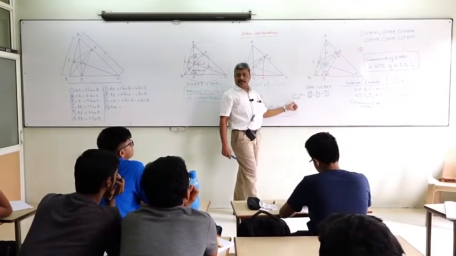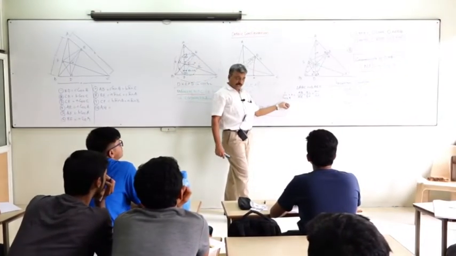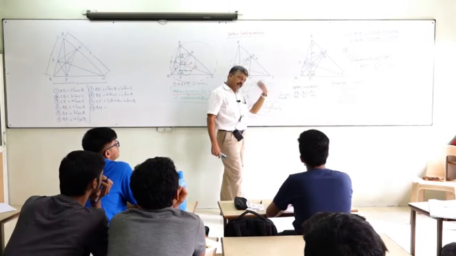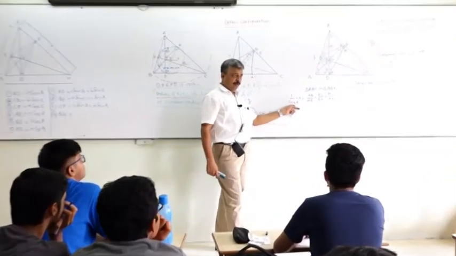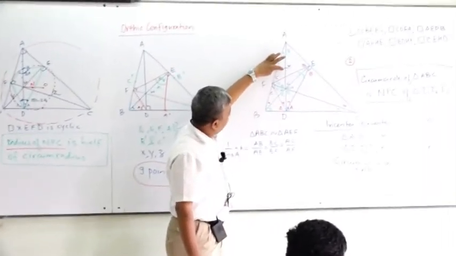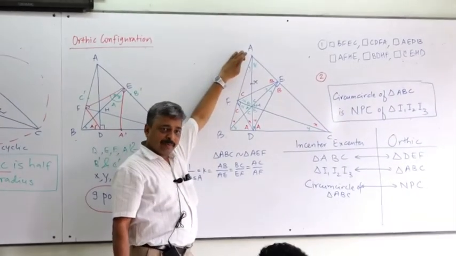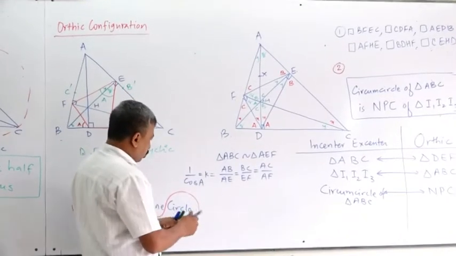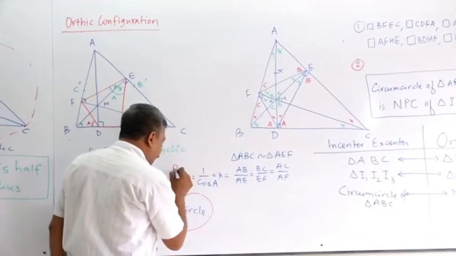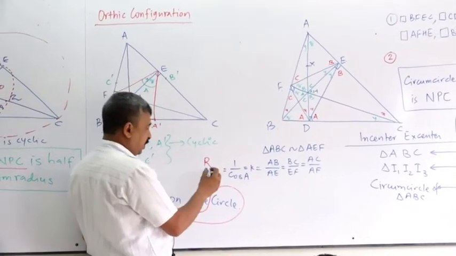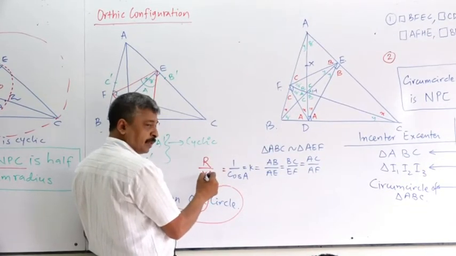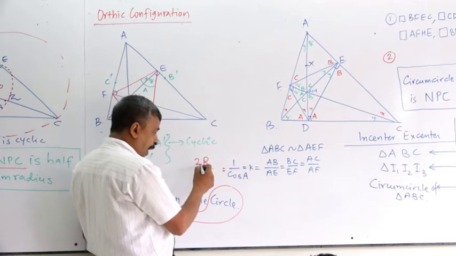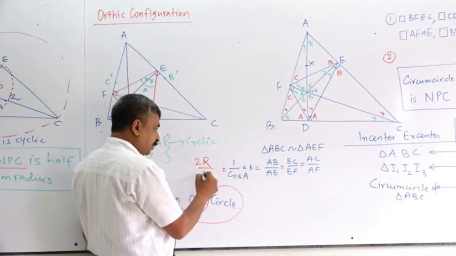If two triangles are similar, their circumradii are also in the same ratio. So can I write this as capital R upon XA, or 2R upon AH?